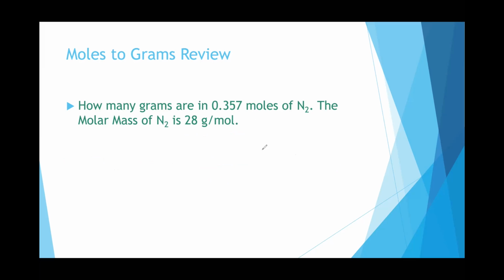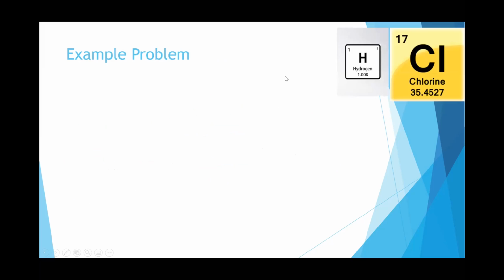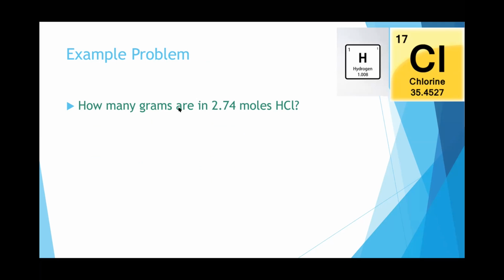So it wasn't that hard. And now our last problem before our grams to grams conversion. So how many grams are in 2.74 moles of HCl, which is hydrochloric acid? So for hydrogen, the molar mass is 1, and chlorine, it's 35.45.